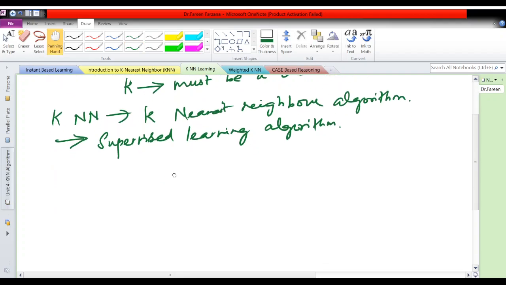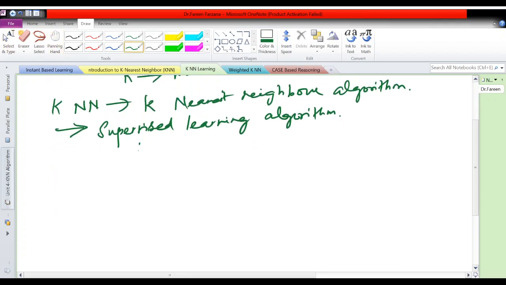So here, let me tell you that you have classes here and you have a different class here. Now you will get a new query called xq. Let me put this new query in blue color and in round shape.